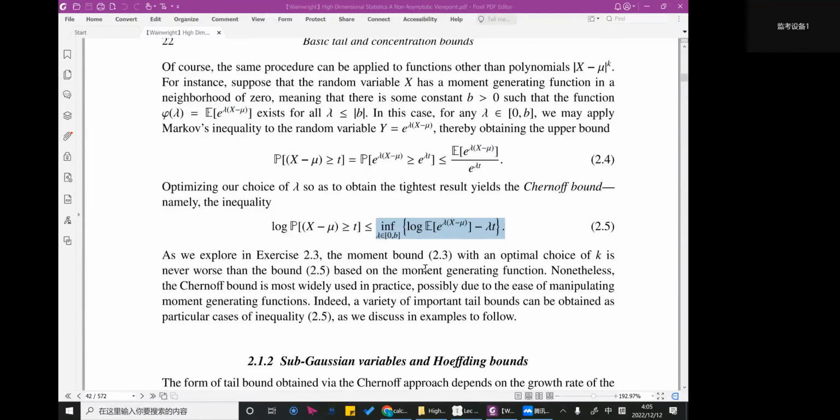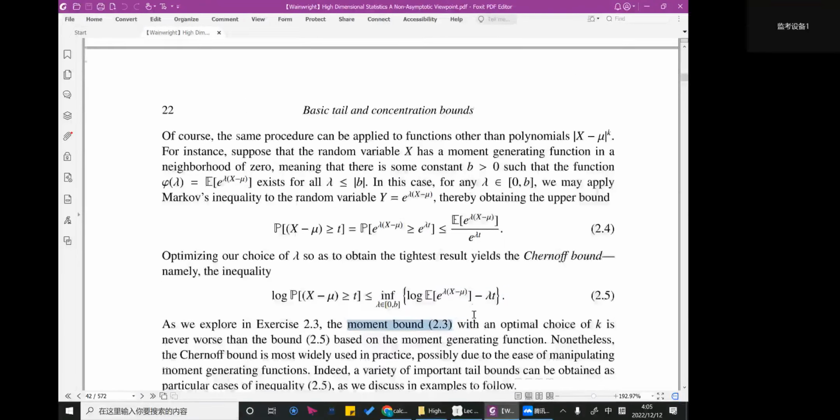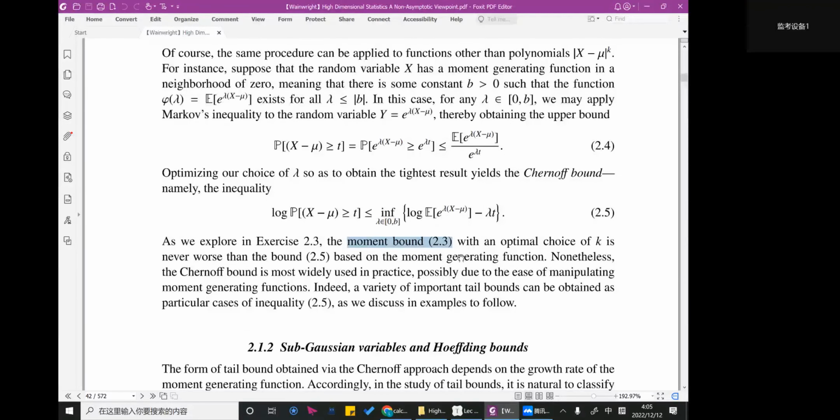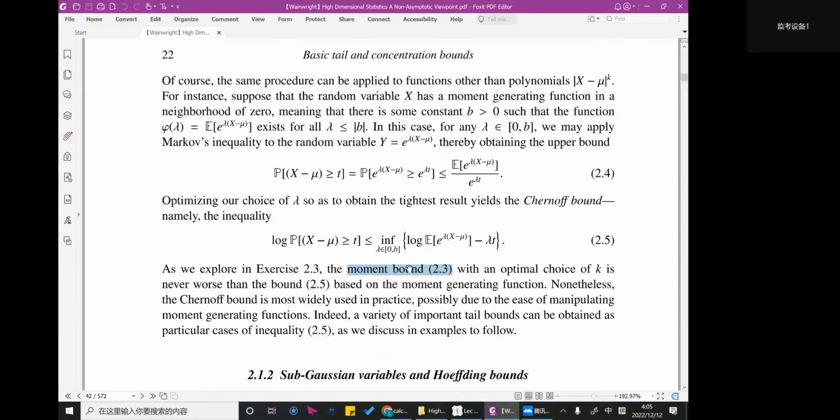And here you may have a question like this. The moment bound 2.3, which uses some polynomial-like forms, is never worse than the bound obtained from the moment generating function. So why do we still use the Chernoff bound and not those polynomial bounds?